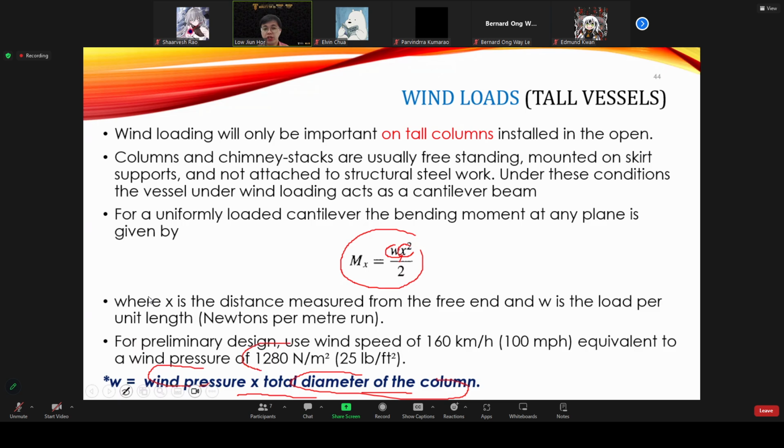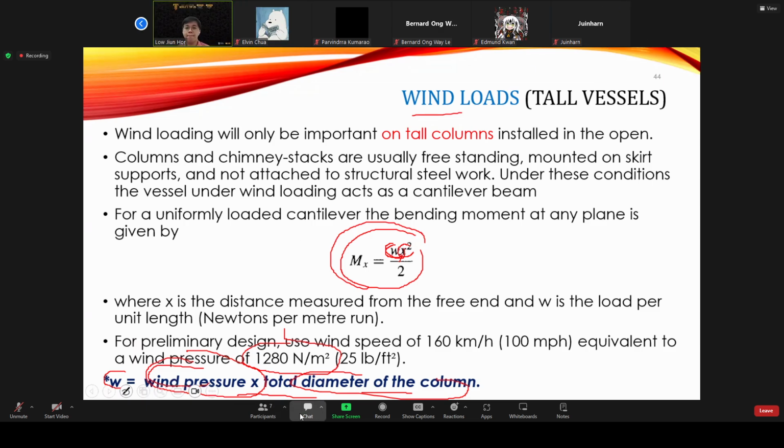The wind pressure is normally assumed to be this one, 1280, meaning that this is a constant that we always use for our wind pressure in order to calculate our W. Then this one is one of the equations that we can utilize to calculate the wind load in order to evaluate the stability of our column.